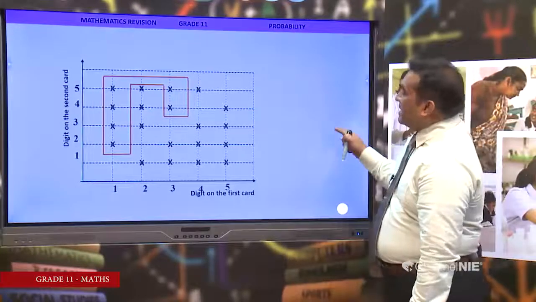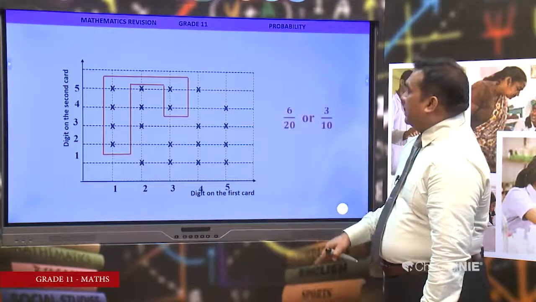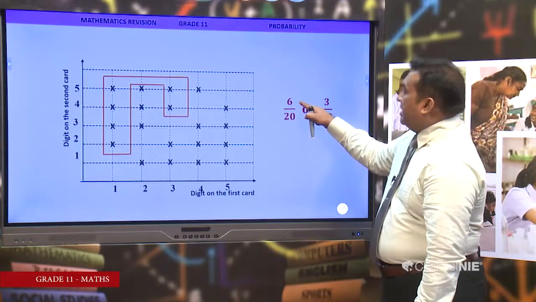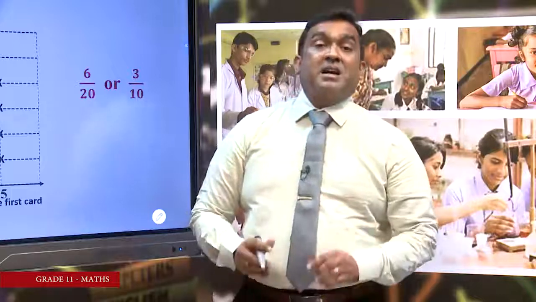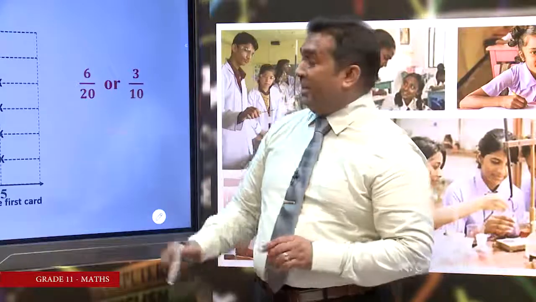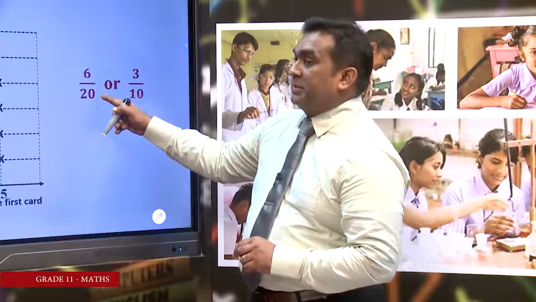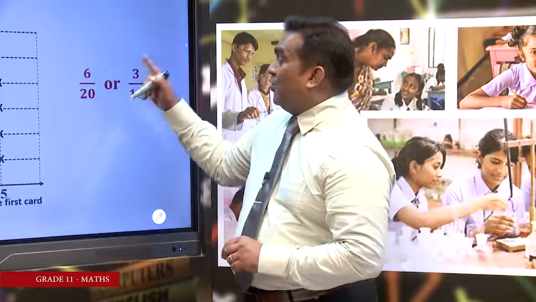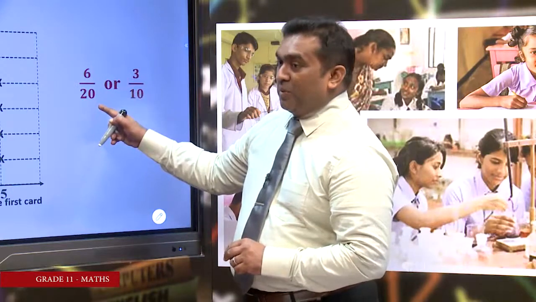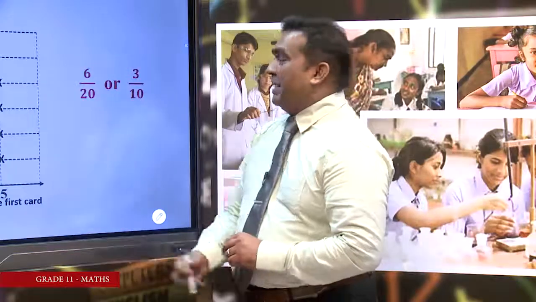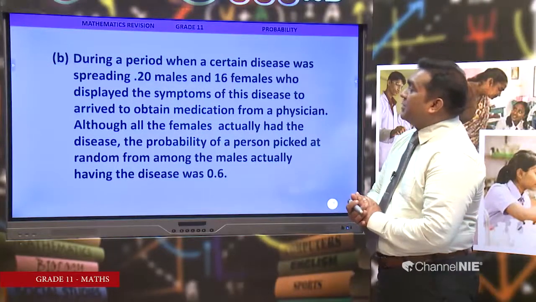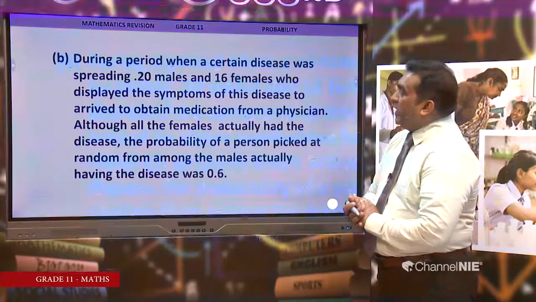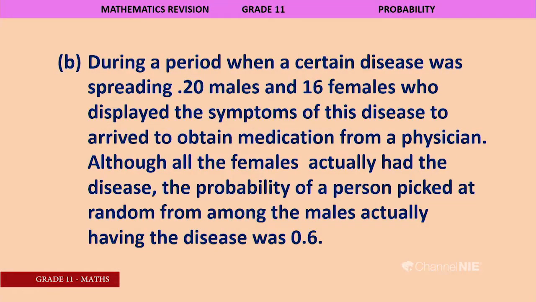Now, we can see the corresponding probability. Number of elements in the event is 6. Number of elements in the sample space is 20. Therefore, 6 over 20, the probability is 3/10.